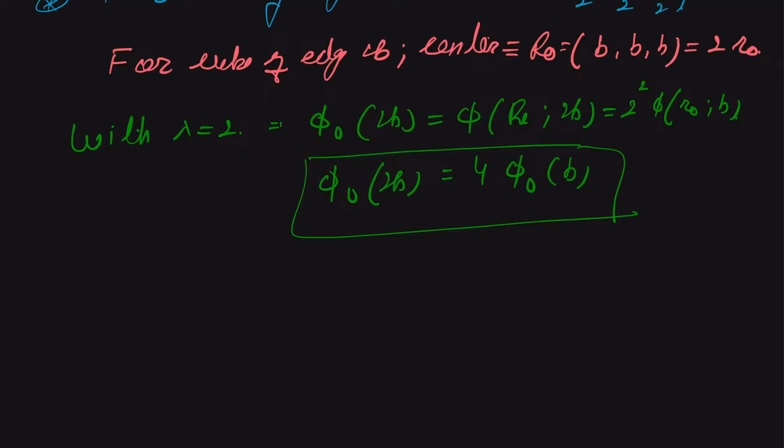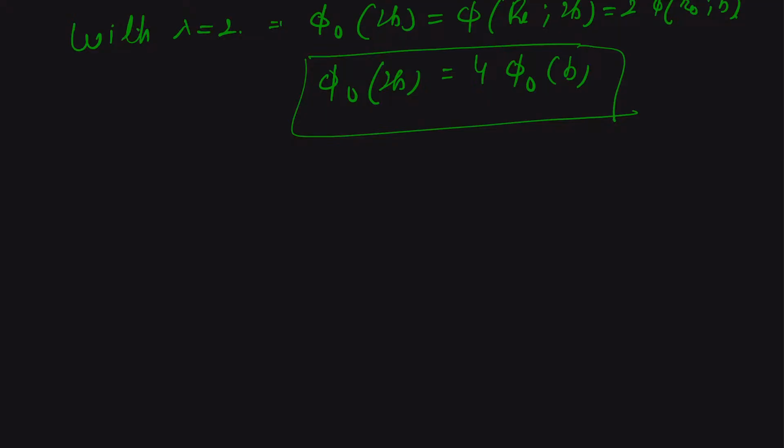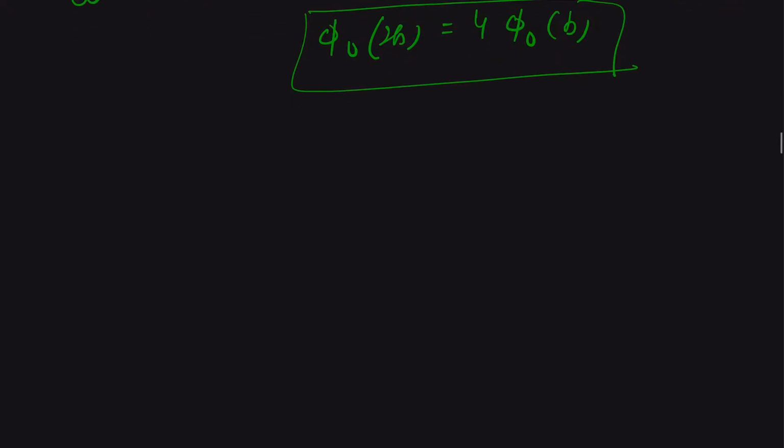For better understanding of this, we can also draw a cube with a scale of 2. Let us suppose this is a larger cube whose edge is now 2b.